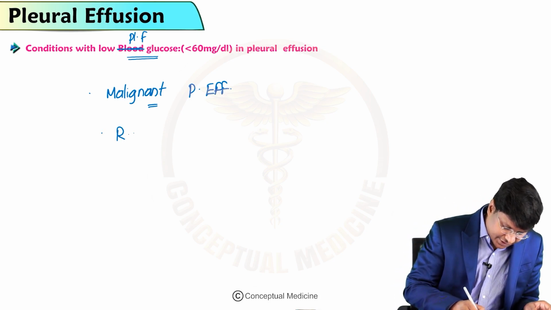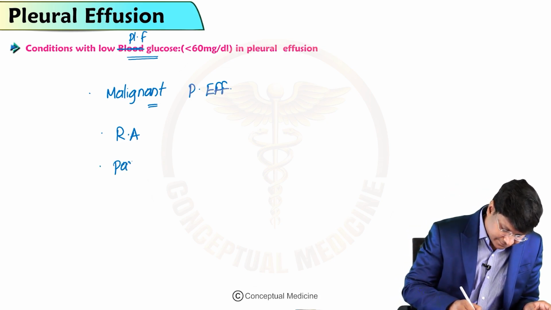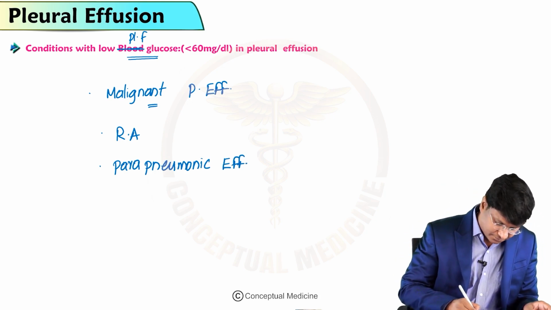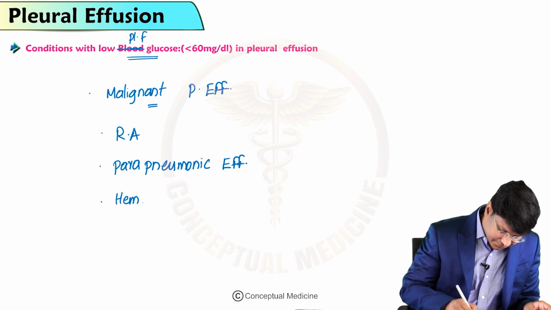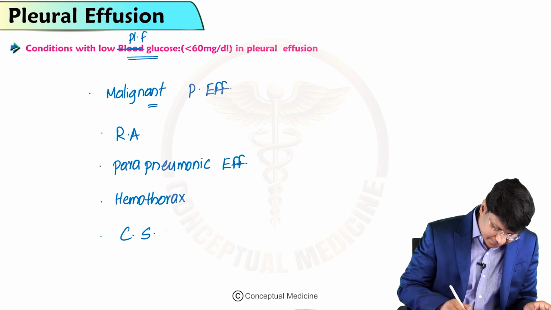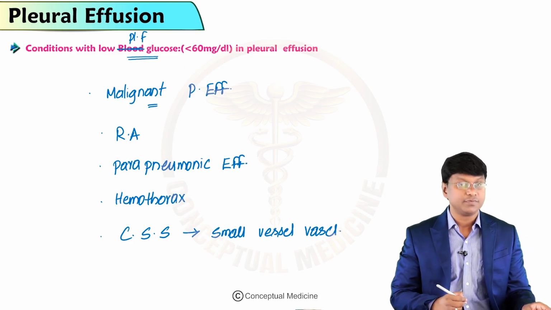The next condition is rheumatoid arthritis or rheumatoid effusion, third parapneumonic effusion, fourth hemothorax, next Churg-Strauss syndrome. Churg-Strauss syndrome is a small vessel vasculitis.